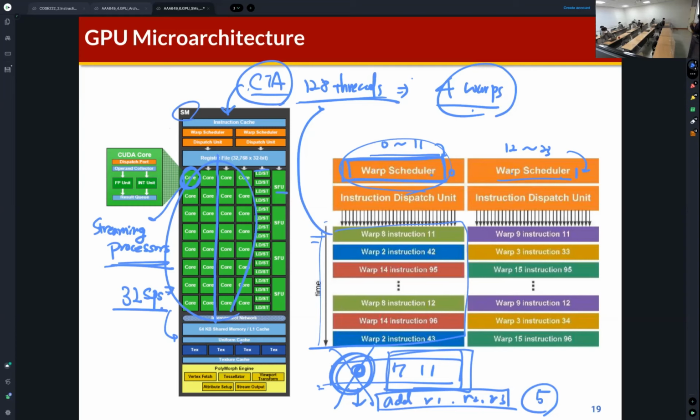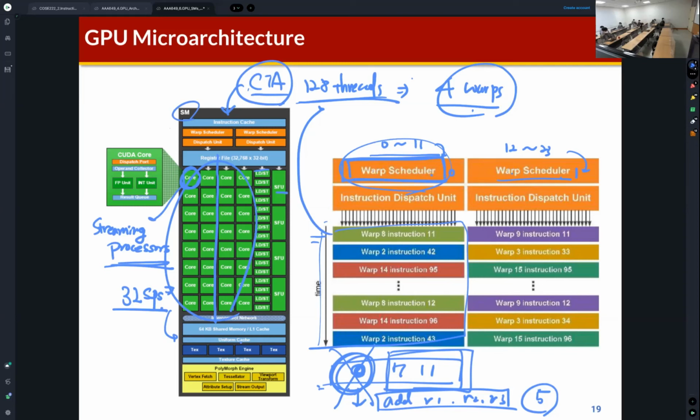Then how can the GPU hide the data latency of the execution unit? To hide the latency, the GPU supports quick context switching like fine-grained multithreading. Then the GPU selects a ready warp from the warp pool. That is the idea by which the GPU can hide the latency of the execution unit.